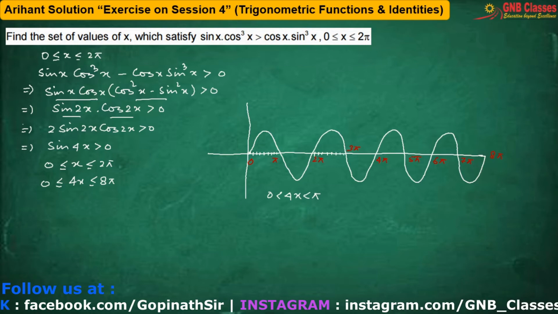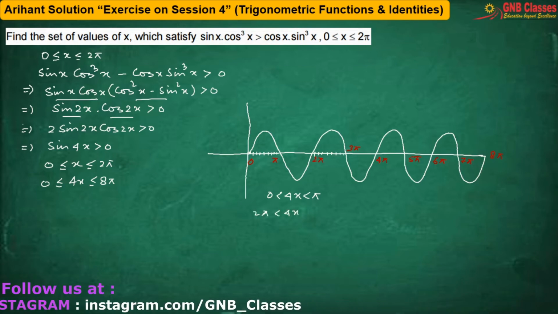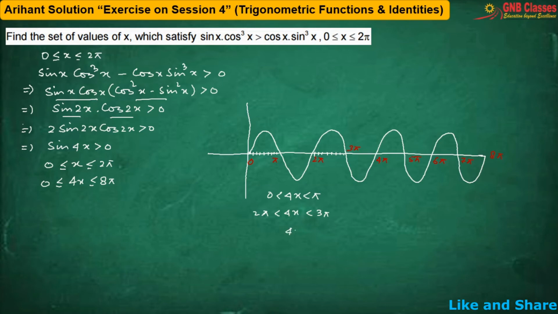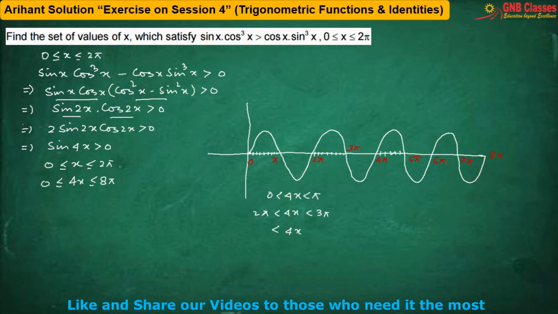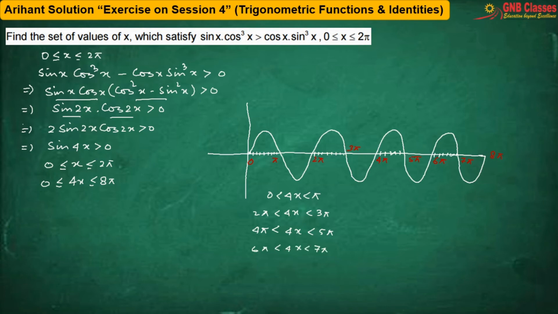Again in this region also, so when 4x is greater than 2 pi, less than 3 pi, then also sin 4x is greater than 0. Again when 4x lies between this region, which is basically greater than 4 pi, less than 5 pi, or it is in the region 6 pi to 7 pi. Is it clear? So from here we can write x is lying between 0 and pi by 4.